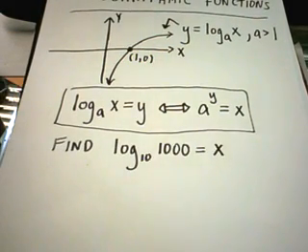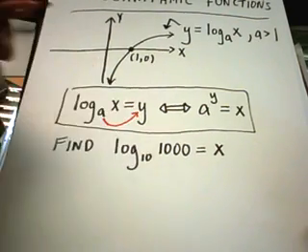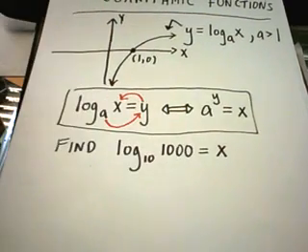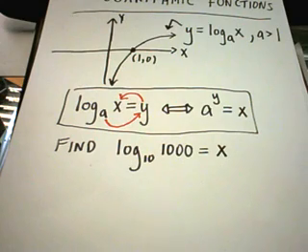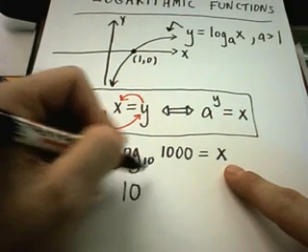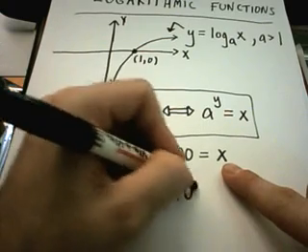But notice this pattern on going from a logarithm. It says if you take this base, a, and raise it to that power, y, you'll set it equal to x. So equivalently, I can rewrite this as 10 raised to the power of x equals 1000.